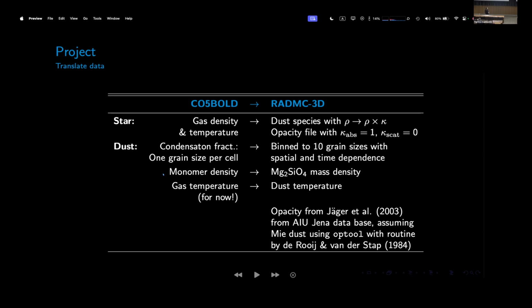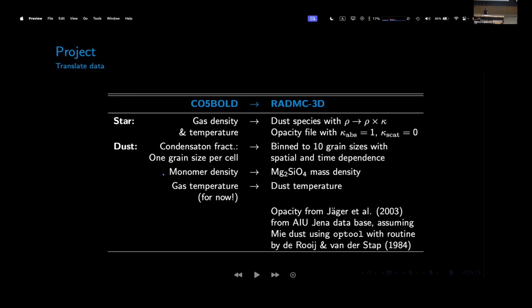The dust, on the other hand, that is forming in Cobalt is given in monomer densities that I can easily translate to mass density. Condensation fraction, which gives a grain size per cell, I reduce to 10 grain sizes, so 10 specific dust species in the box.